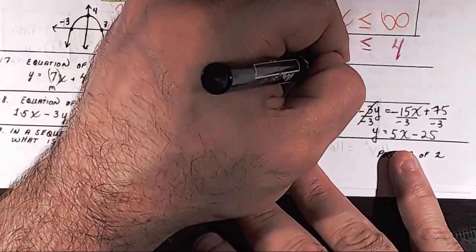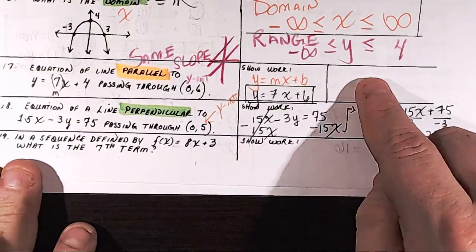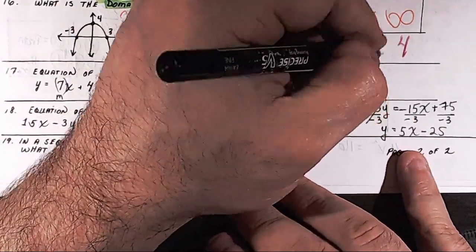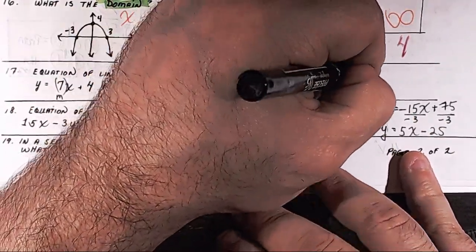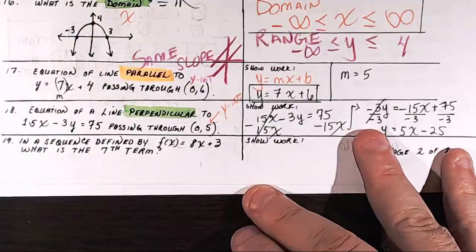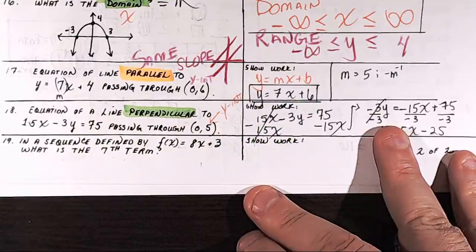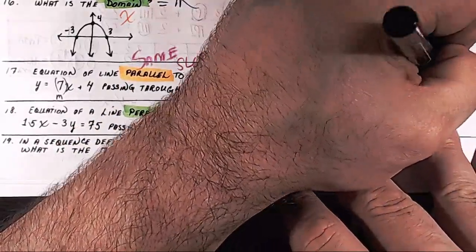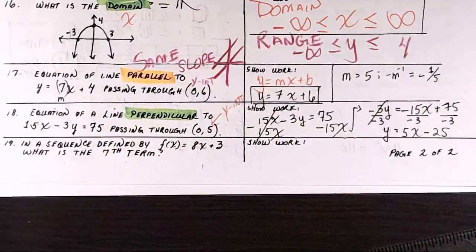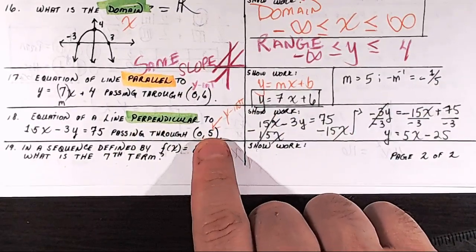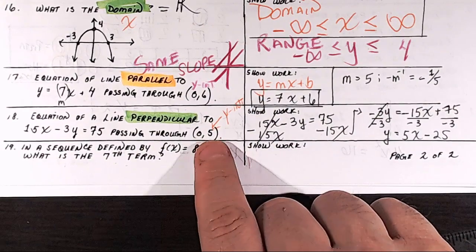Okay, so I've got some extra space up here. I'm going to use the space from this problem to help me. So if m equals 5, then negative m to the negative 1, or the negative reciprocal slope, is negative 1 over 5. All right, so I already know the b value of this line.